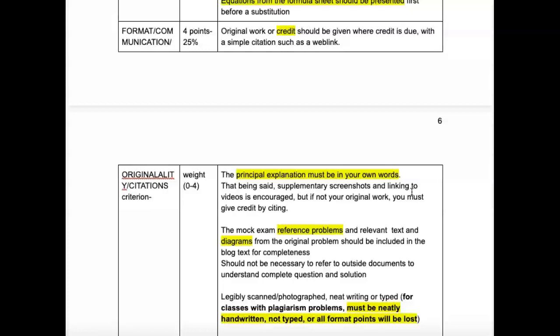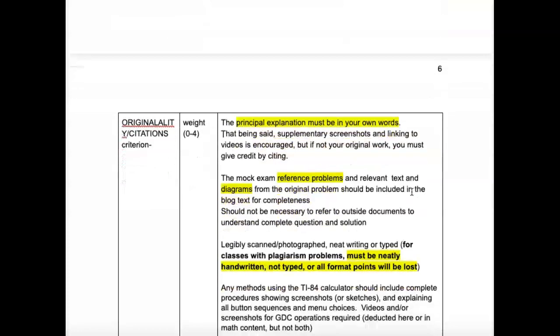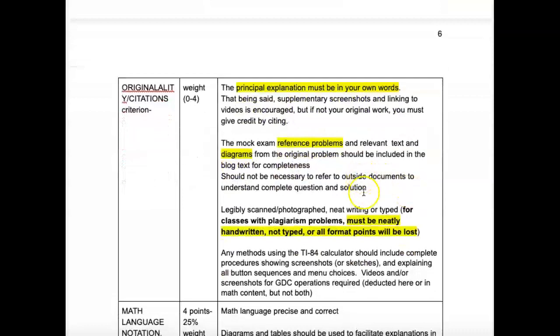If you use a diagram or something from a website, you do need to cite it by saying where you got it from. Those are points off if you don't do either of those. Remember that you always need to cite the reference problem. You need to show the reference problem from the mock exam, and you need to insert the blog option text with the questions. If you don't do those, then it will be taken off in format.